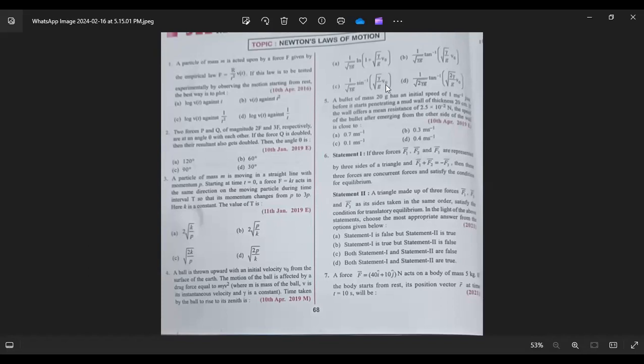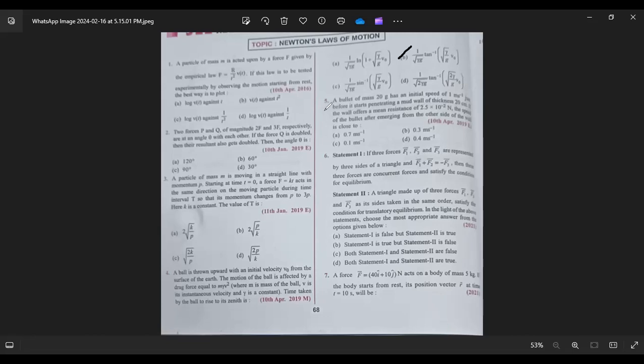This is not an option because of 2γg. Here tan inverse γ upon g into v0. It means your option number B is the right answer. B is the right answer. So you can understand how to find this value. So this is some complicated question.